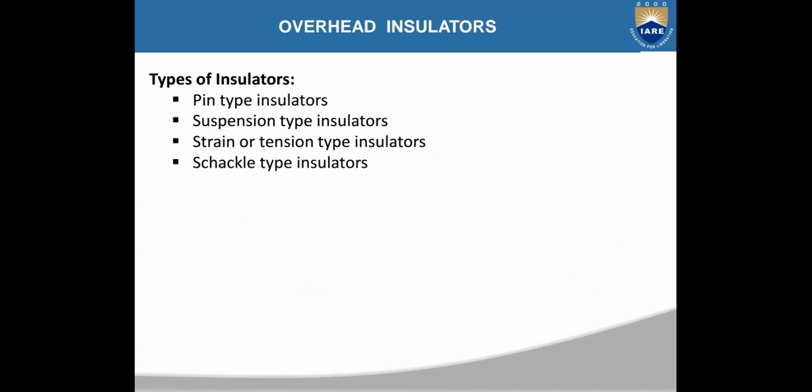These are the main types generally used. There are some other insulators, like stay type and post type, but those are used very rarely, and these four are very widely used: pin type, suspension type, strain type, and shackle type. Let us discuss each one individually.